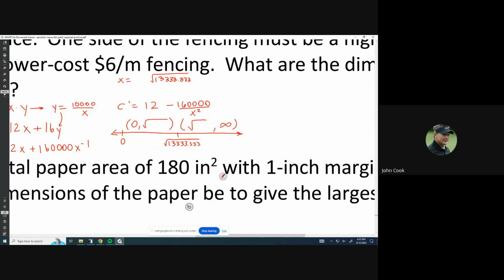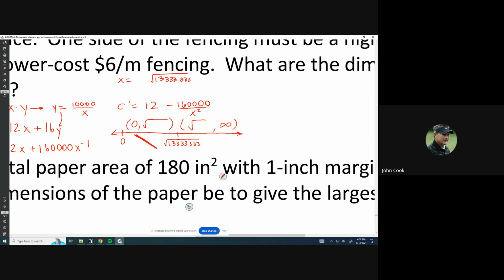So let's see what happens when I plug in selective numbers. If I were to pick a number between 0 and the square root of 13,333.333, maybe I would pick 1, because if I plug in 1 in the denominator, 1 squared is just 1. So that becomes 12 minus 160,000, which would just be some negative number. So that means that on the left-hand side of this critical number, it's going to be decreasing.